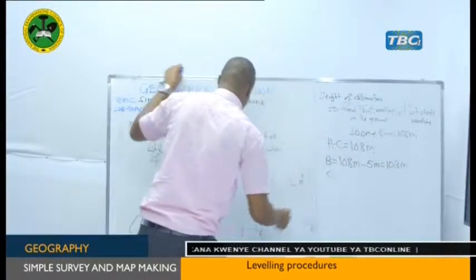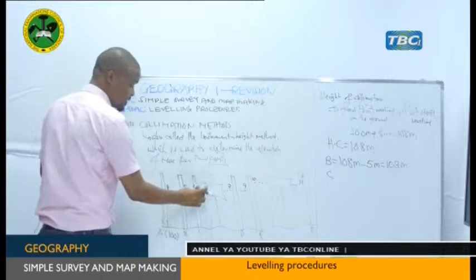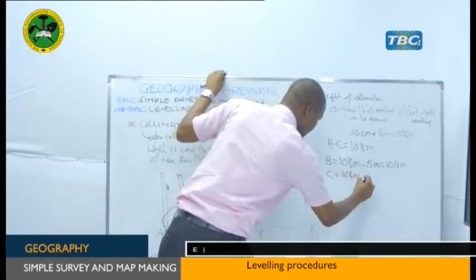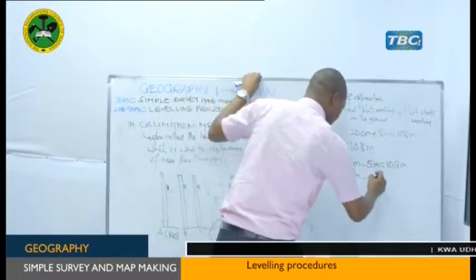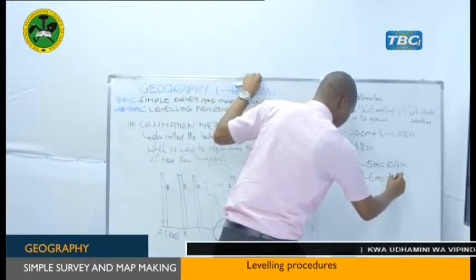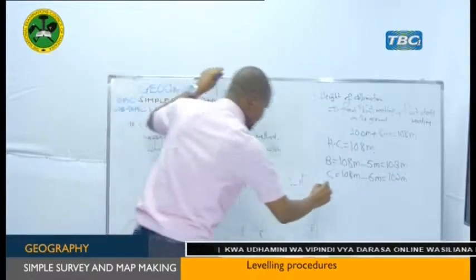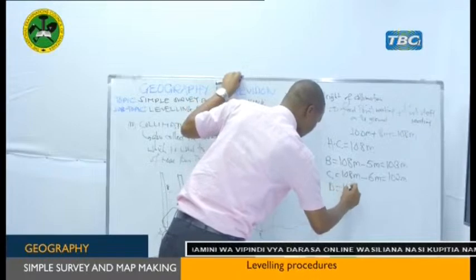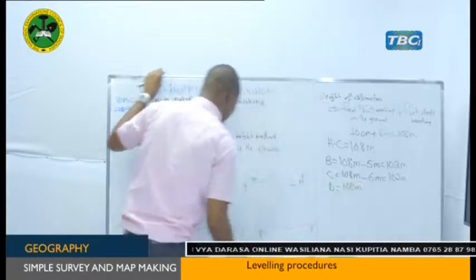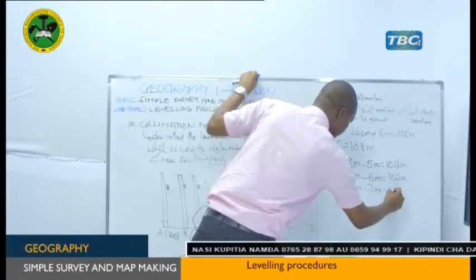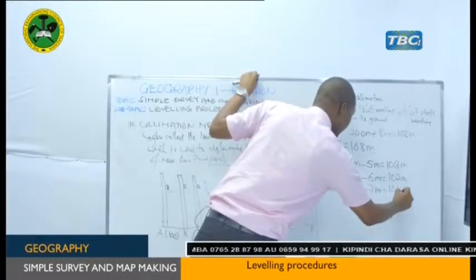Then you go to point C. You take the height of collimation, 108, minus the staff reading, which is 6 meters. Then 102 meters. Then you go to point D. Point D, 108 meters minus the staff reading of point D, which is 7 meters. So it will give 101 meters.